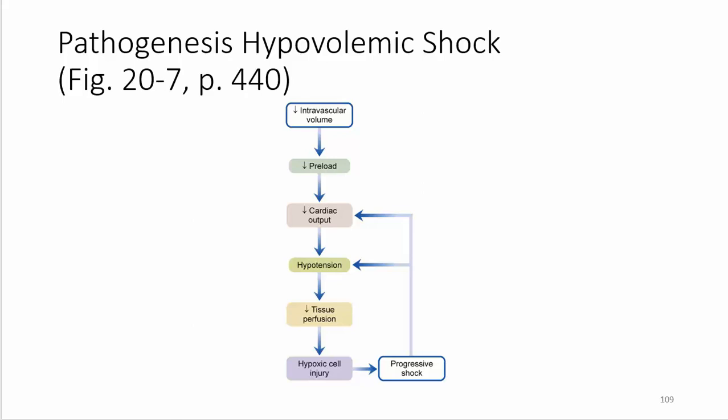So you try and compensate with heart rate going up, and when that progresses so you can no longer do that, then you get decreased tissue perfusion, hypoxic cell injury, and shock. And the shock decreases cardiac output more, and it becomes exacerbating itself.